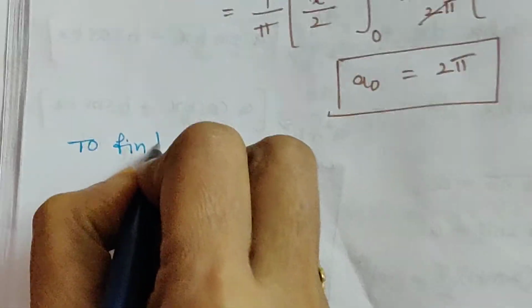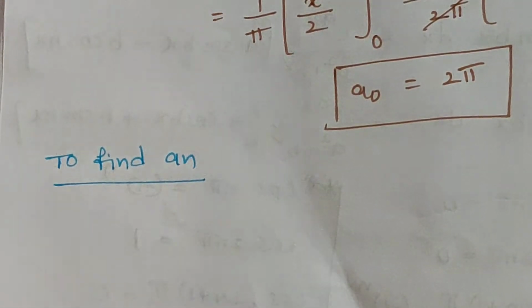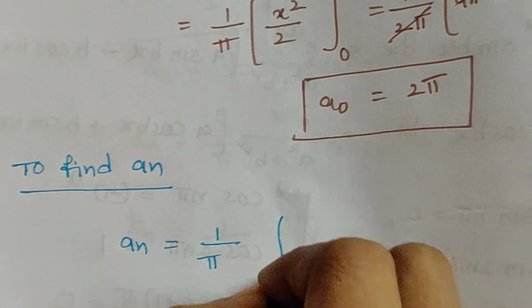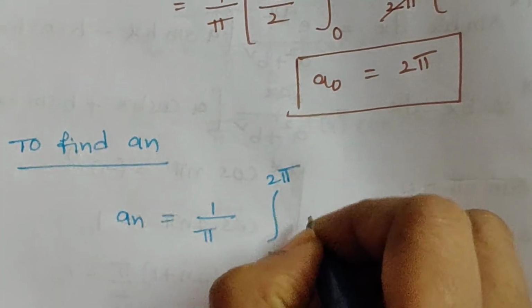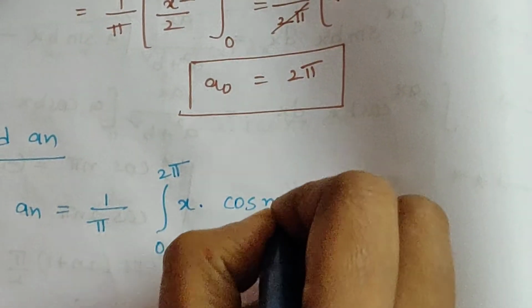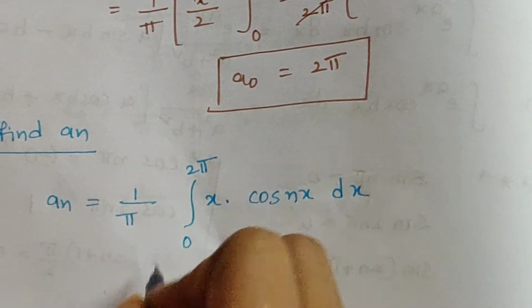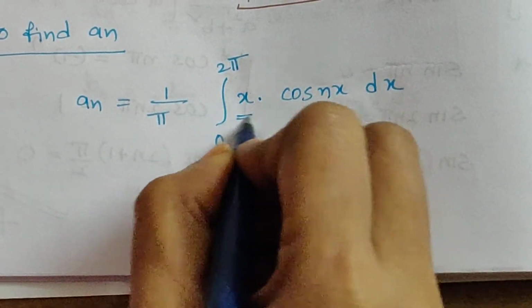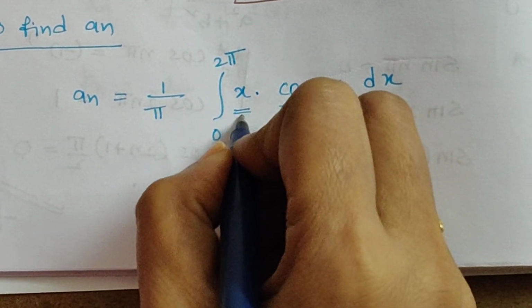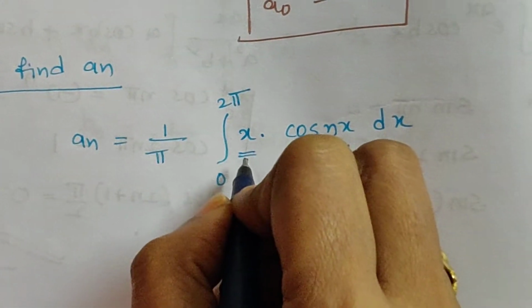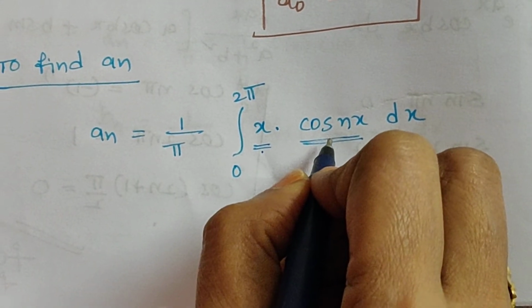To find an, the formula is 1/π ∫ from 0 to 2π f(x) cos nx dx. Here f(x) is x cos nx dx. Now to evaluate this integral, observe that under the integral is a product of two functions, one algebraic and the other trigonometric.